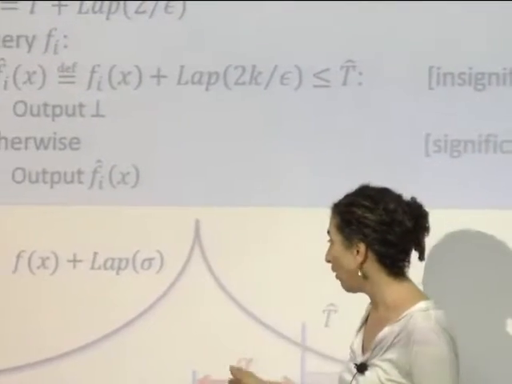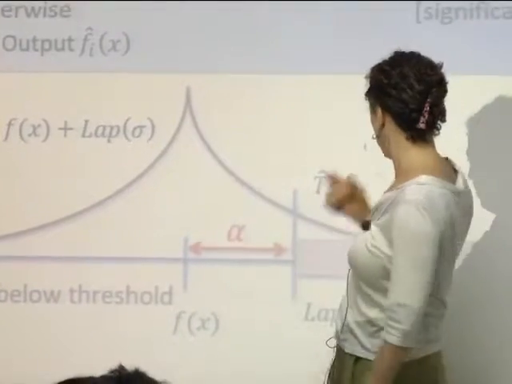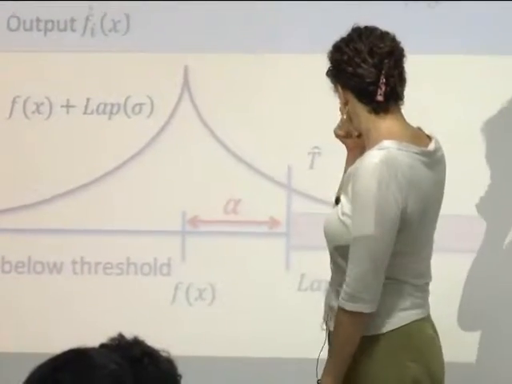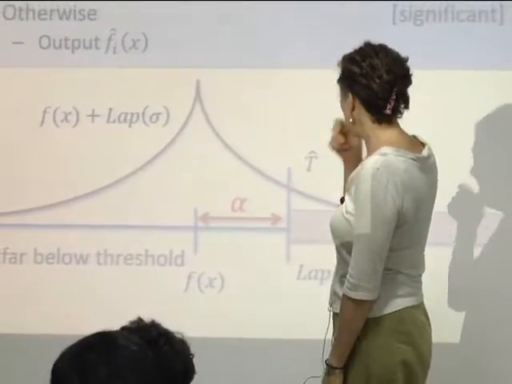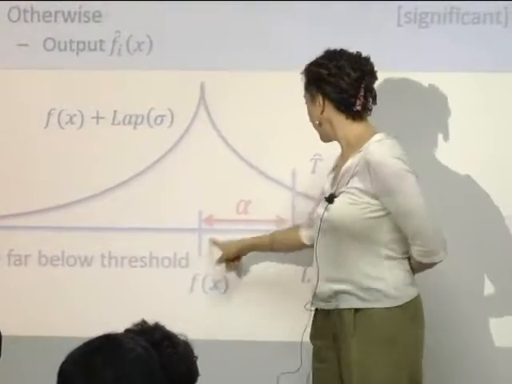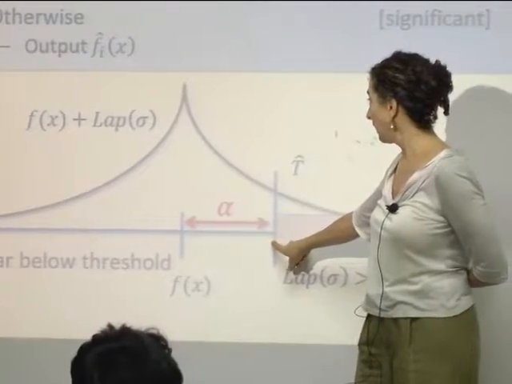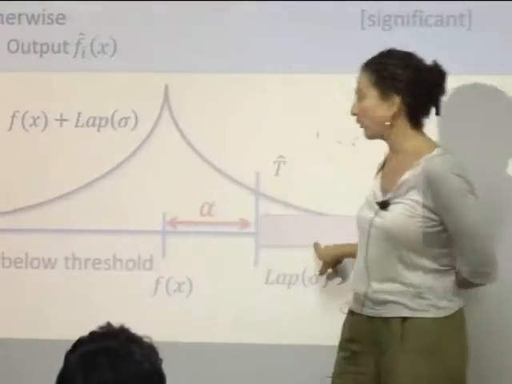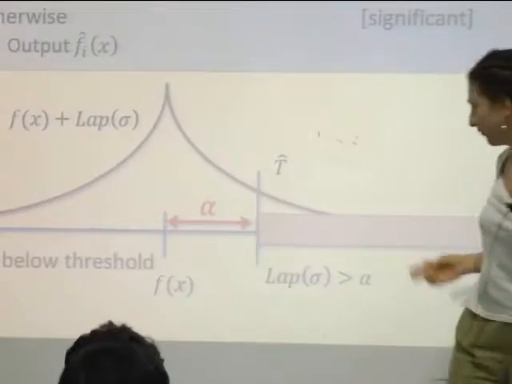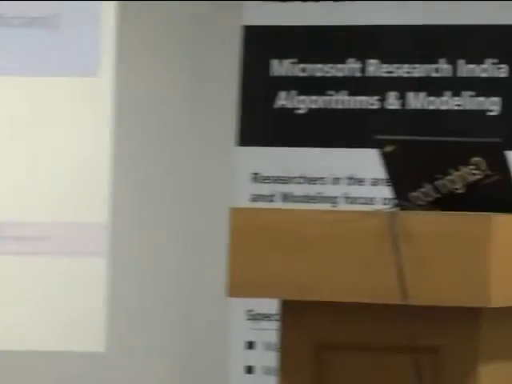So I could get an artificially too large answer. So here, f of x is less than t hat and less than t, but my Laplace noise took it over the threshold. So there's some possibility of that, but again, that's going to be exponentially unlikely in that length.